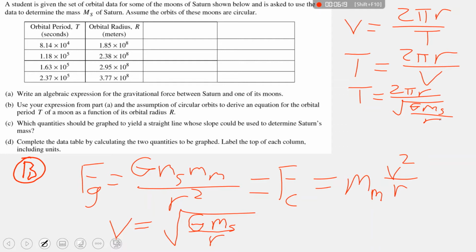Is there any way that I can simplify? I'm dividing by a fraction, so I could flip and multiply. So this orbital period will become 2 pi r root r over the square root of G M_s.